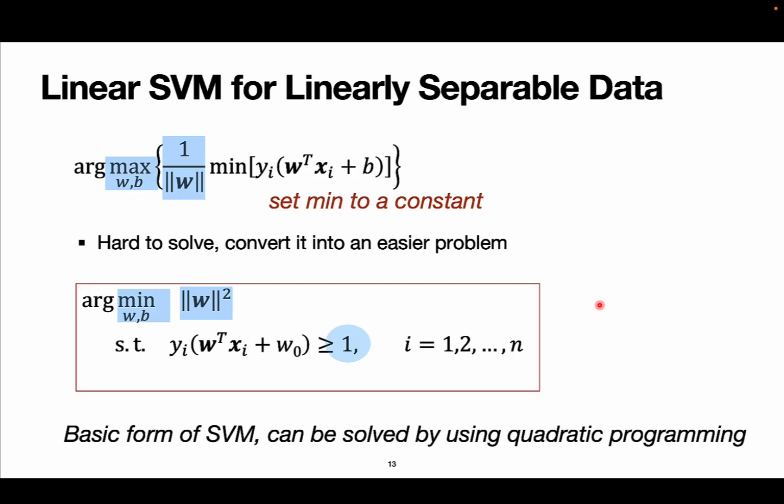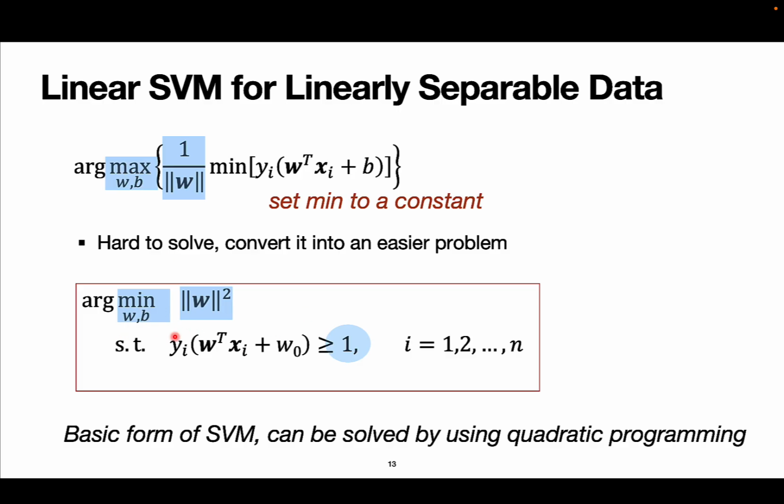A couple of notes about simplifying the linearly separable formulation. First, we set the minimum of yi f(xi) to a constant such as 1, and instead of solving for argmax over w, b of 1 over the norm of w, we find argmin over w, b of the norm of w squared.